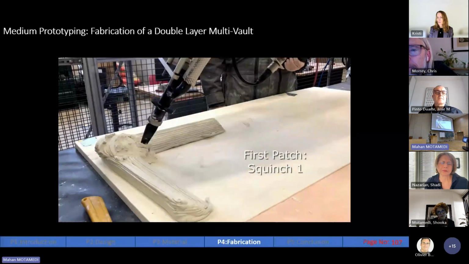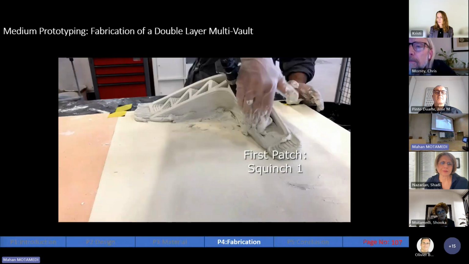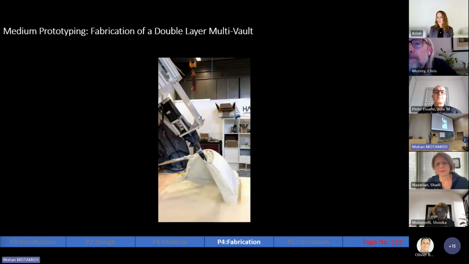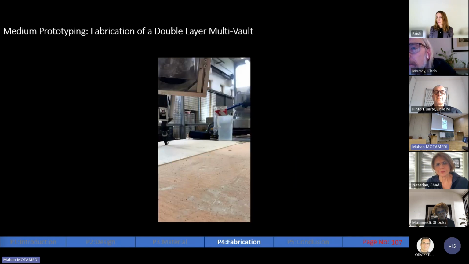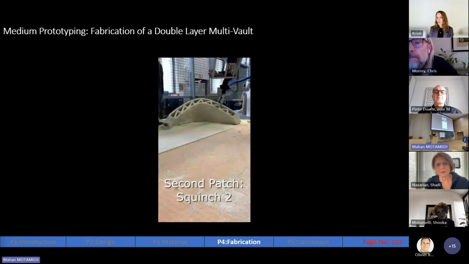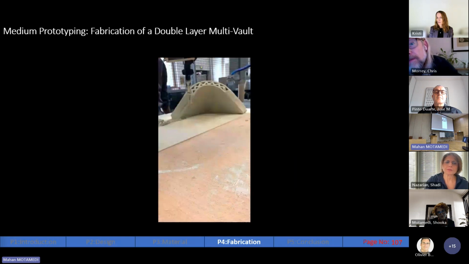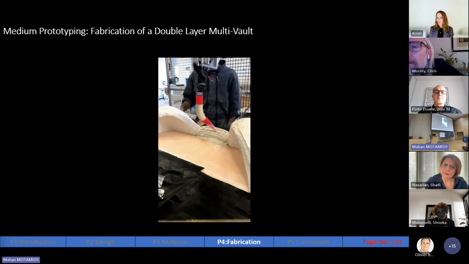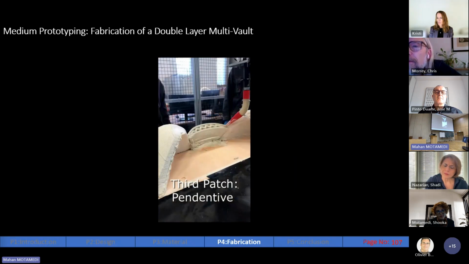The second prototype that we conducted using a medium scale robot is a prototype of a multi-wall with 3 different patches in order to show the validity of the patching design grammar. The first one, as you saw, was the first squinch. The second squinch is identical. And the last patch is a pendentive, which is supported by 2 lateral squinches.